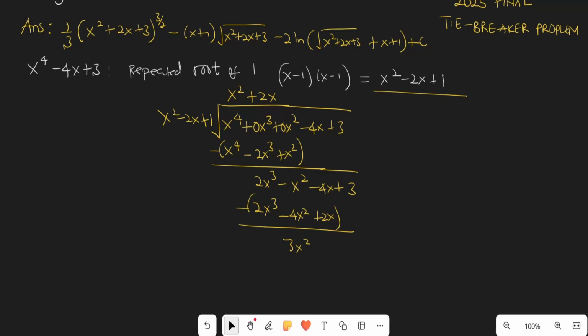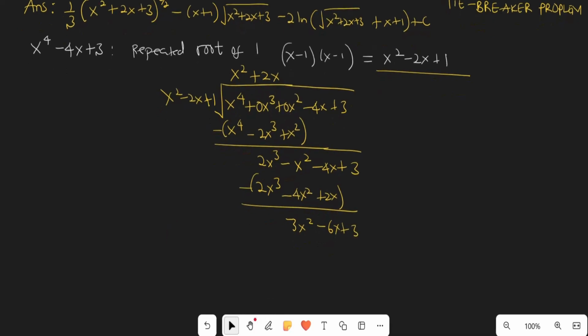And then minus 4x minus 2x, that is going to give you minus 6x, and then plus 3. Then you divide, that is 3x squared divided by x squared, that is going to give you 3. And when you multiply, that is going to give you 3x squared minus 6x plus 3. You see that this term and this term are now the same. So when you subtract, that is going to give you 0.